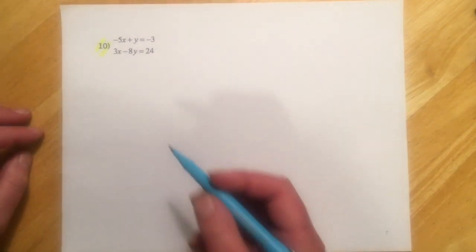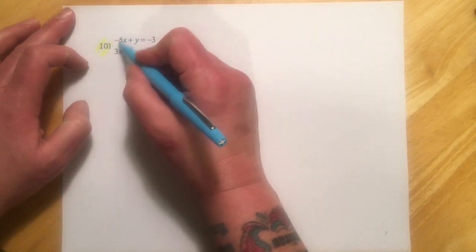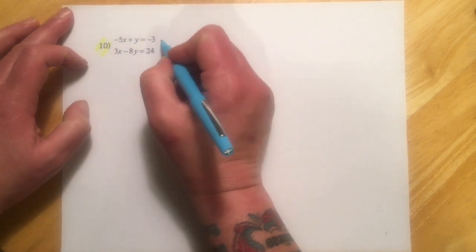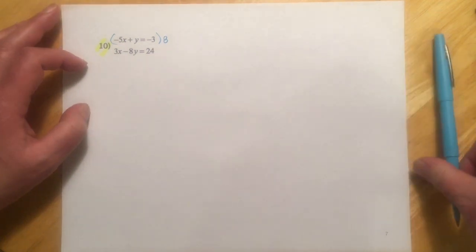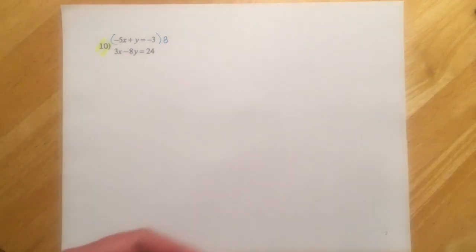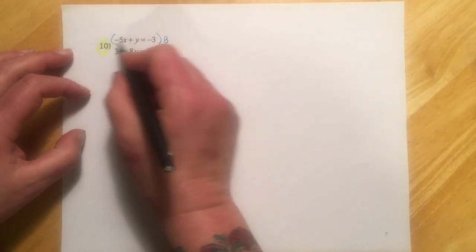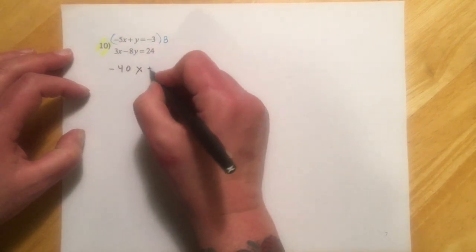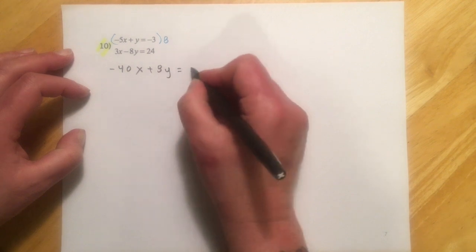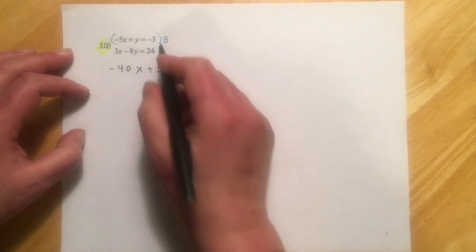And then number 10, let's see, I could either make the 3 and the 5 into 15s, or I could just do this one by 8. So I think that's less work, so I'm going to go with that option. And so that's going to go negative 40x plus 8y equals negative 24.